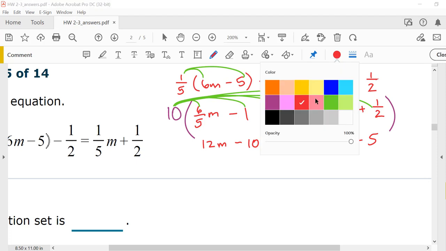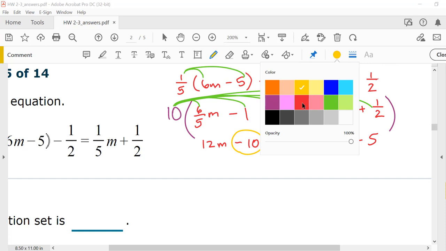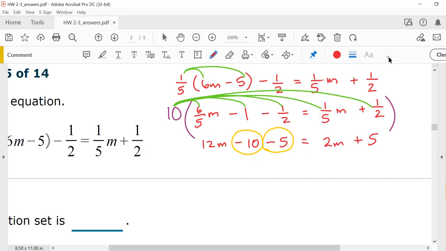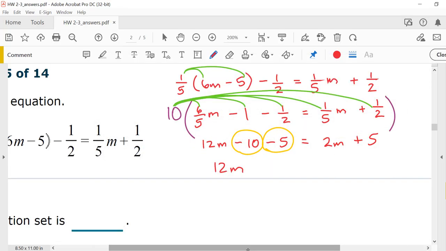Okay, collecting like terms on the left, negative 10 minus 5. So I get 12m, negative 10 minus 5 is negative 15, equals 2m plus 5. I'm going to add 15 to both sides. 12m is equal to 2m plus 5 plus 15 is 20.